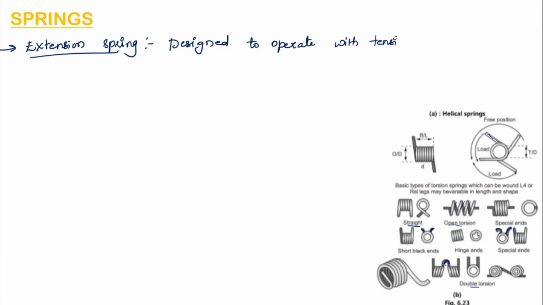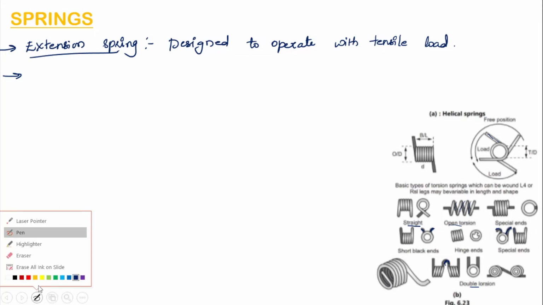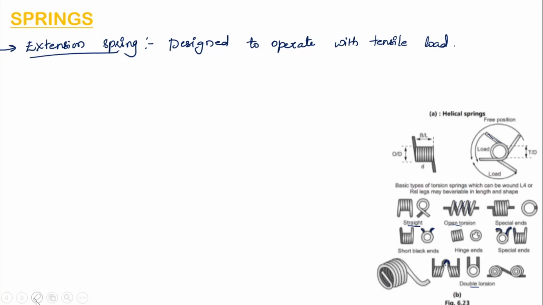A typical example for extension springs is a slinky, but they are also found in luggage scales and garage door mechanisms. You have seen how the garage door is opened and closed. That is done with the help of this extension spring.